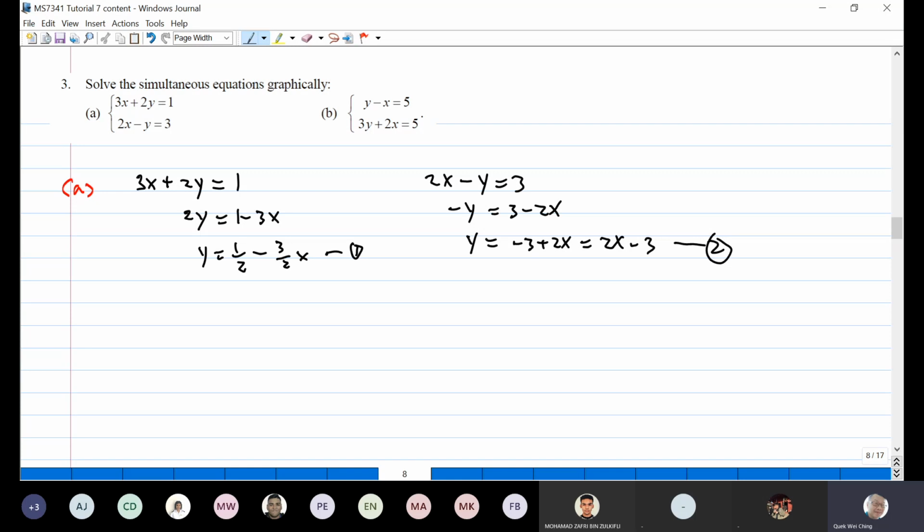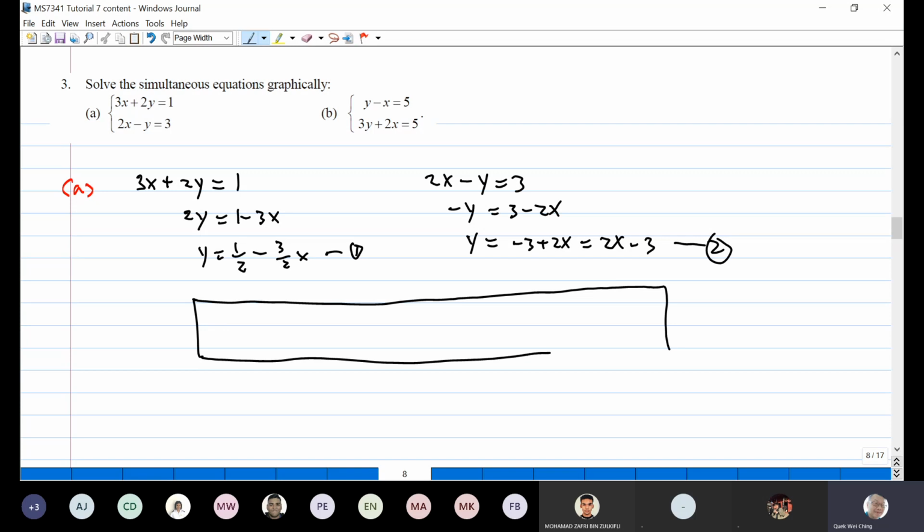So in this case, you need a table first before you draw a graph. Try to make a table as big as possible. Basically, you need 2 points, but you want to make sure that you have an accurate picture, so you can at least get 3 points. So I have x here.